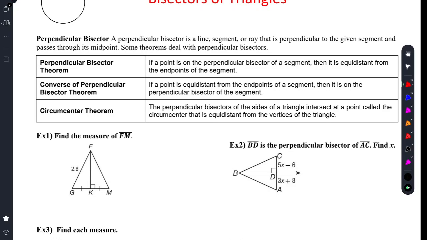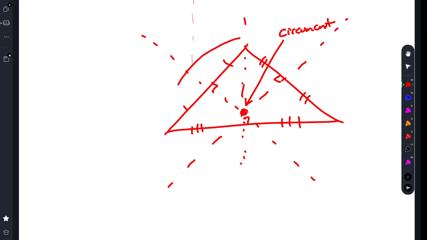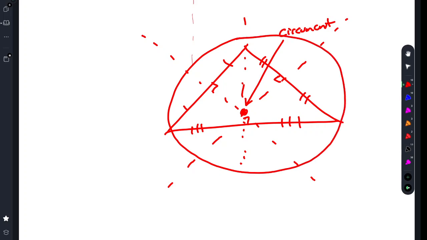I don't think I wrote it there. What's it say on the card? What's the circumcenter? I know, but it does something in the triangle. Is it the one that does this? So that point, are we sure on that?